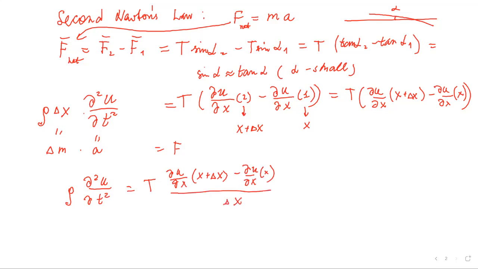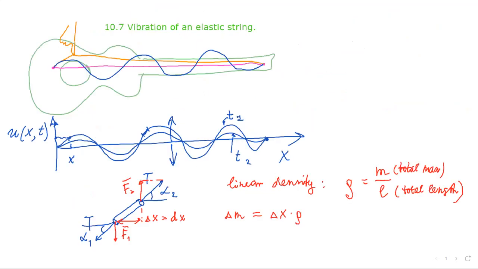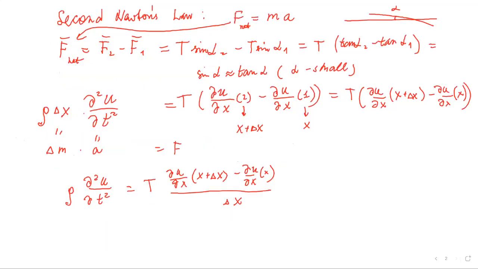So consider the size of your piece of the string, which we considered on the previous page. If you bring it to a limit, as delta x goes to 0, a very, very small piece of a string, then what is this actually? This is the definition of a derivative: function at point x plus delta x minus function at point x divided by delta x.